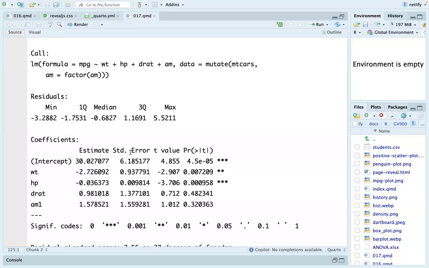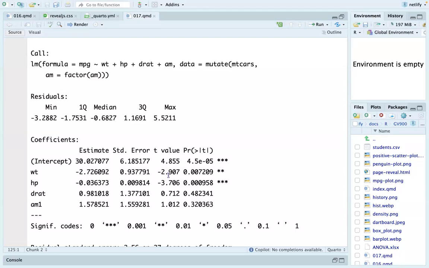This column is the estimated coefficients, this is the standard error of the coefficients, and this is the t value. We know that the t value and the p value are two sides of the same thing. If the t value is greater, the p value will be smaller.